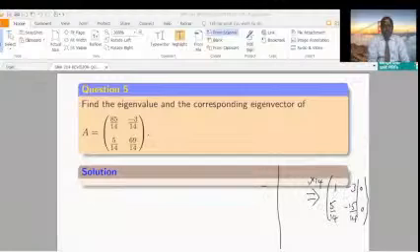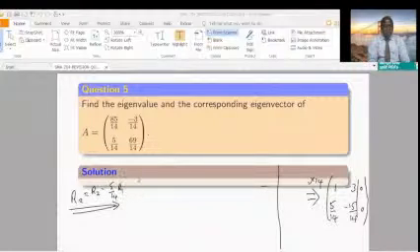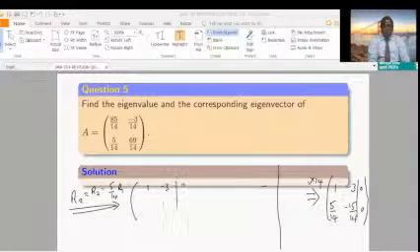So we want to get row 2. We take the current row 2, and from it we subtract 5 out of 14 of row 1. So this will be 1, negative 3, 0, and this will be 0, 0, 0.